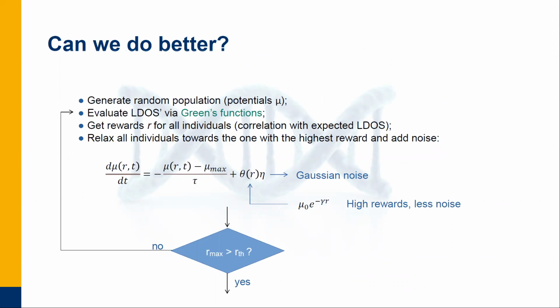The idea here is that we use evolutionary search to try to guess the background potential. How does it work? We start with something like 100 different potentials, completely random. There's no model.